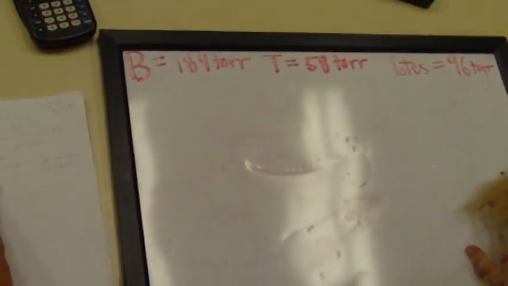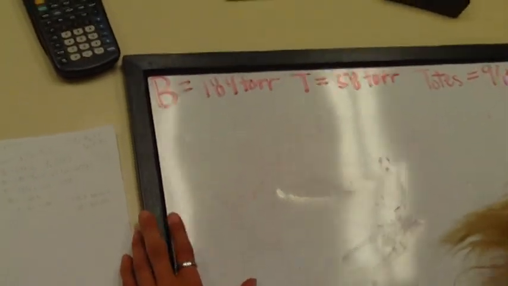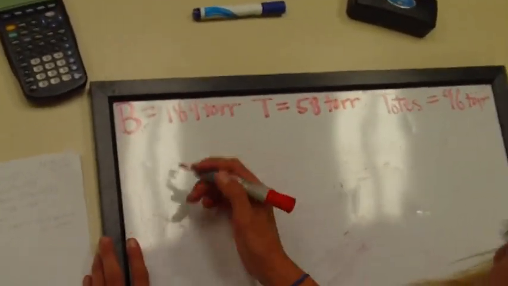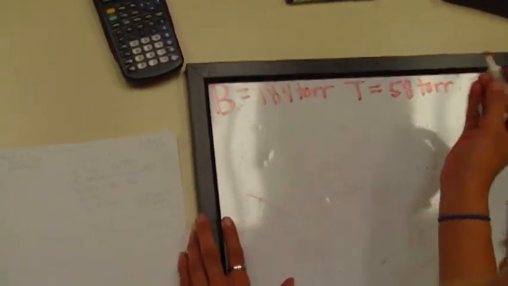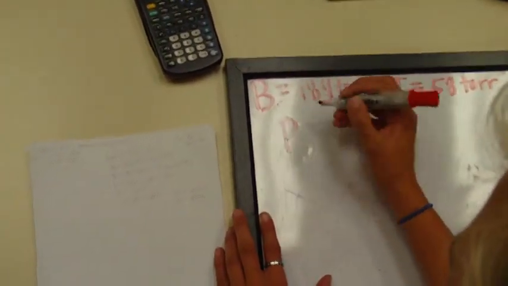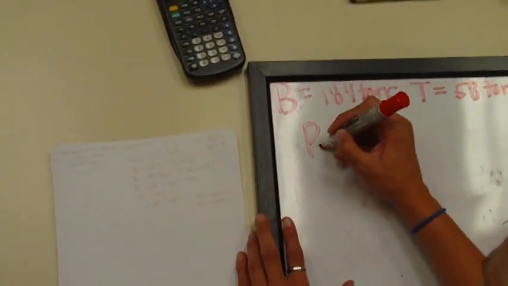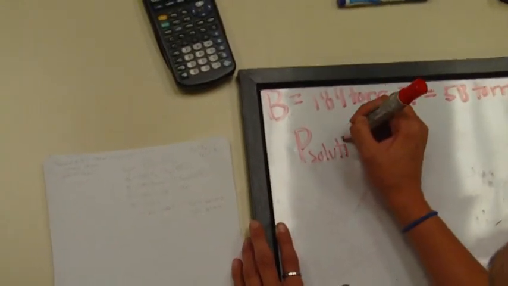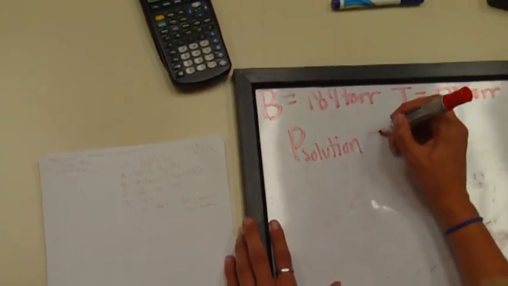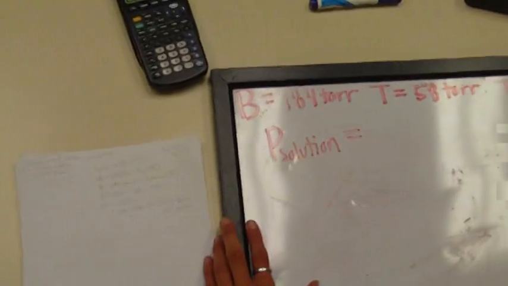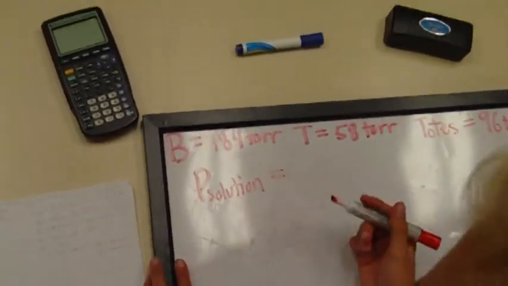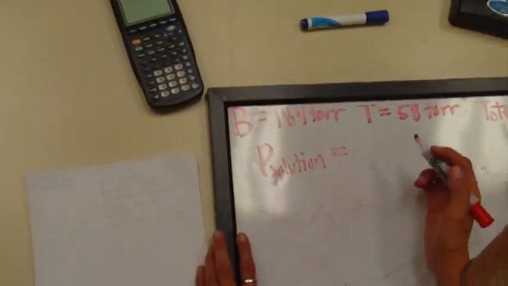So the equation that we need to use here is the same one we've been using. It's the pressure of the total solution. It's a little bit of a variation on it, also incorporating a different law where we split them up and add them together.